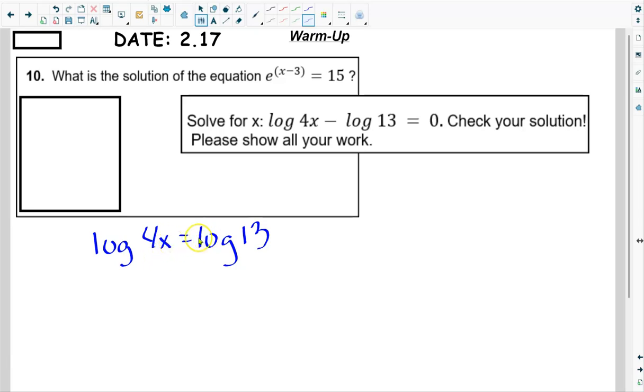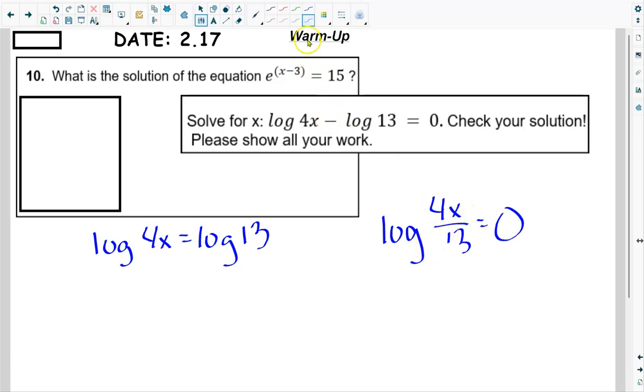But since this was way different than what we did, a lot of you guys would probably be upset this way. So one thing you could have done is looked at this subtraction of logs and understood you could have used the quotient property. So you have log of 4x over 13 equals 0. Okay, this is definitely something you guys were capable of doing.